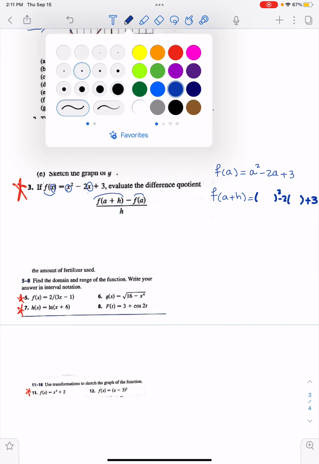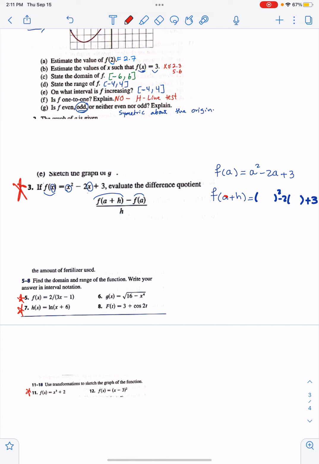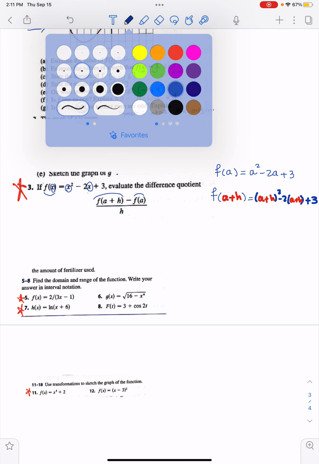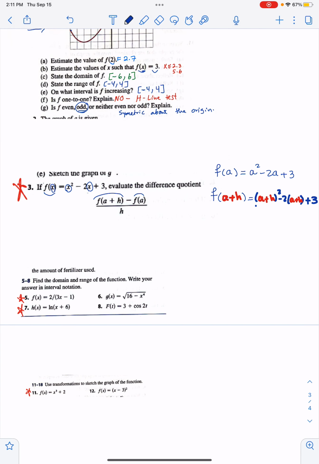Then fill in the parentheses with a plus h. All I need to do at this point is simplify this expression and then replace it in the formula.